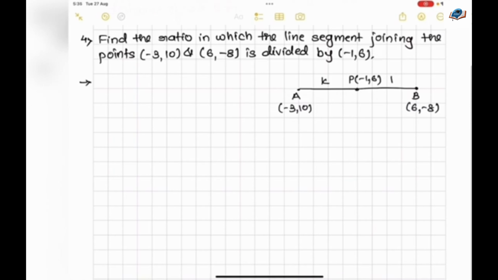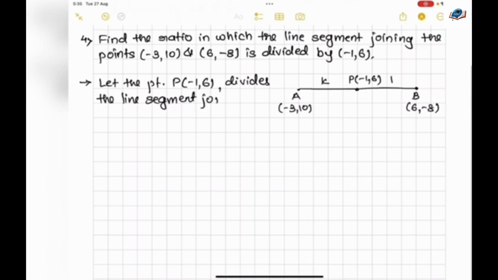So now let me write all the things. Let the point P (minus 1, 6) divide the line segment joining A (minus 3, 10) and B (6, minus 8) in the ratio K is to 1.